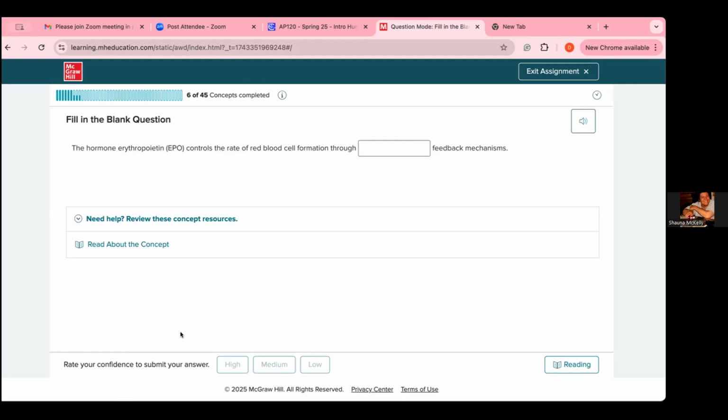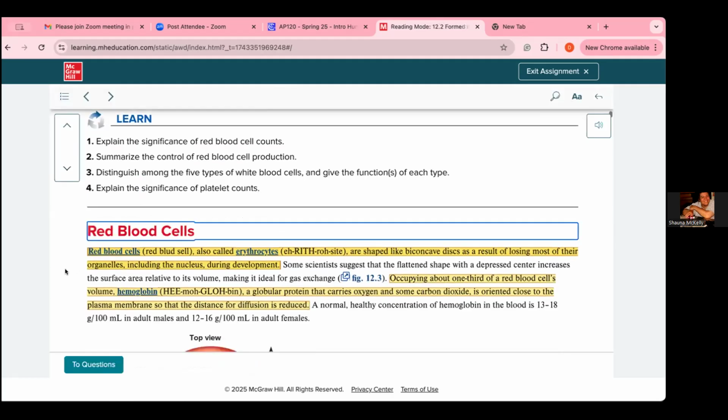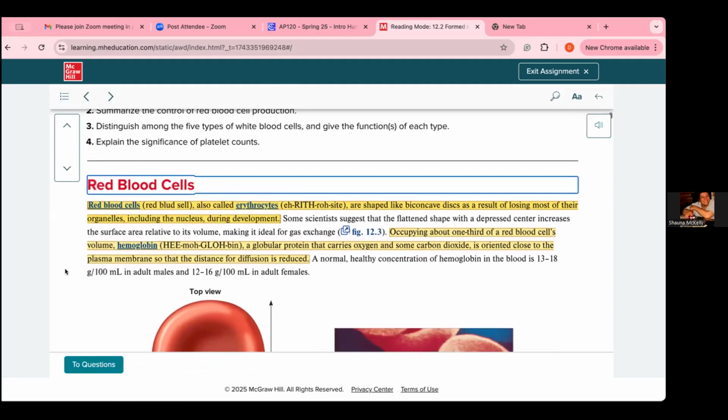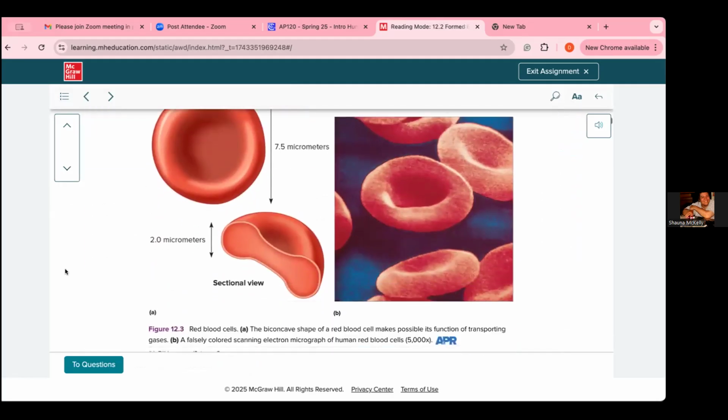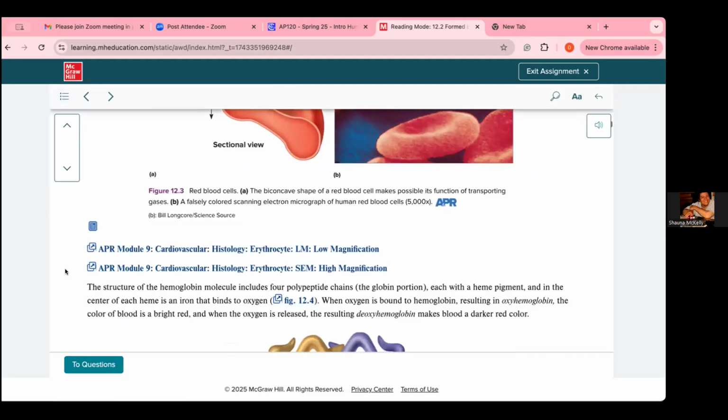We need to read it. Okay. Keep going. There's our red blood cells again.